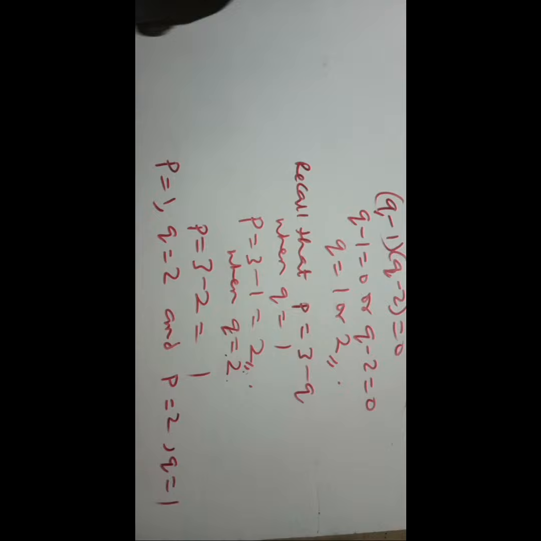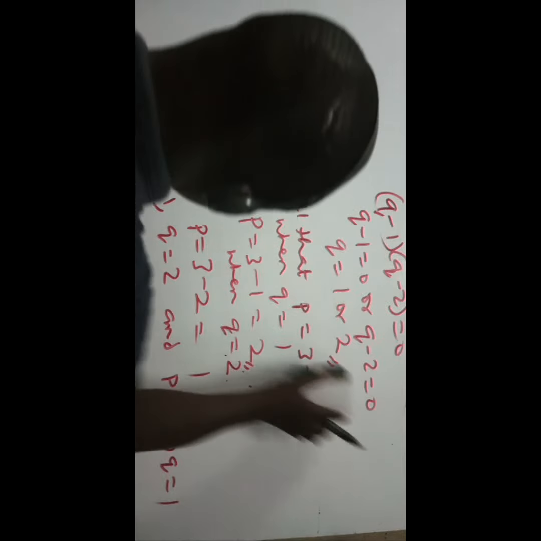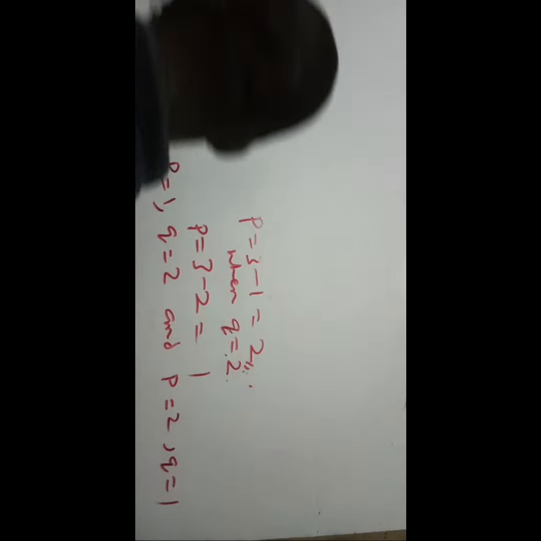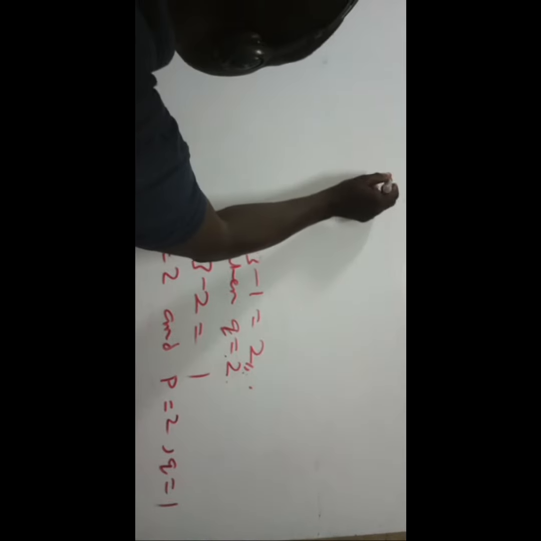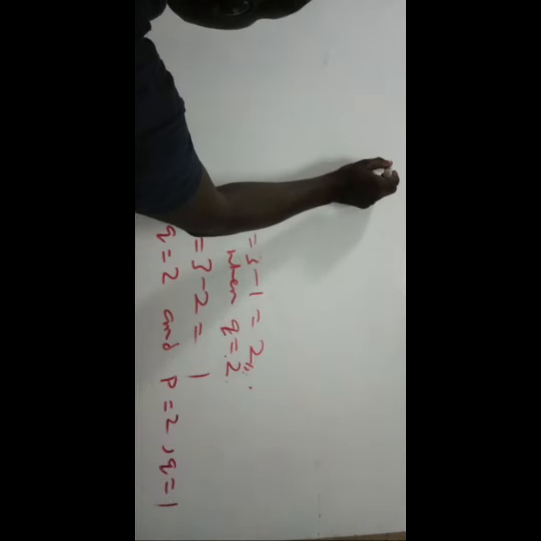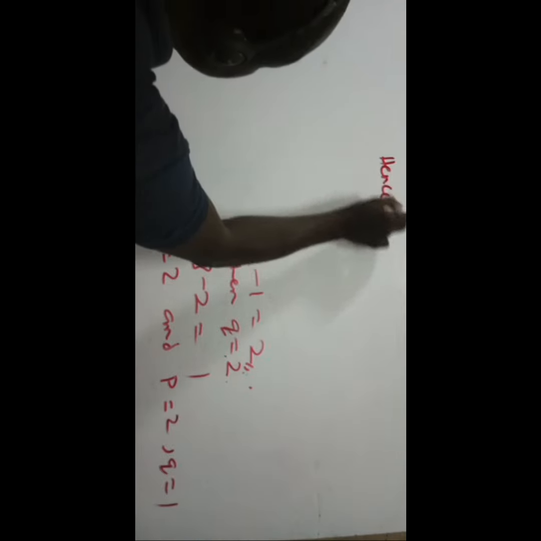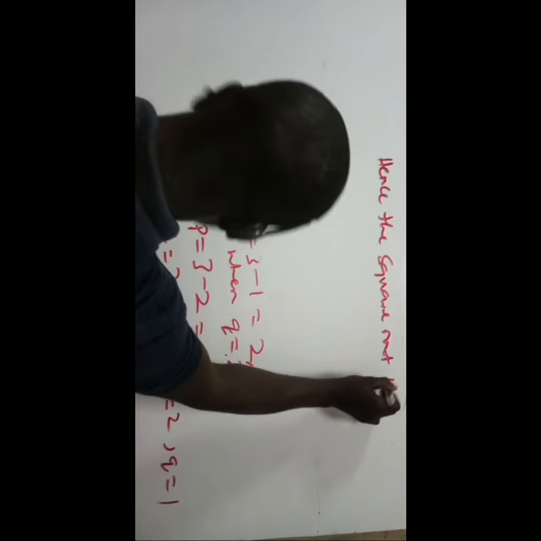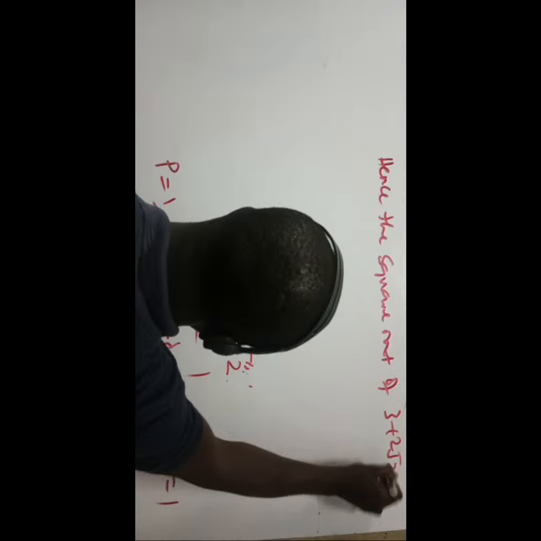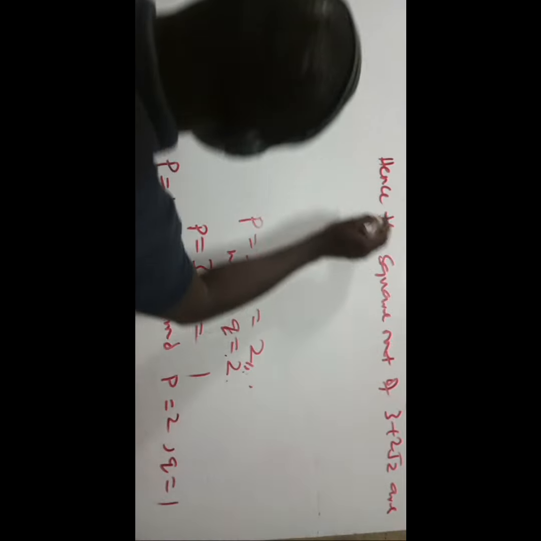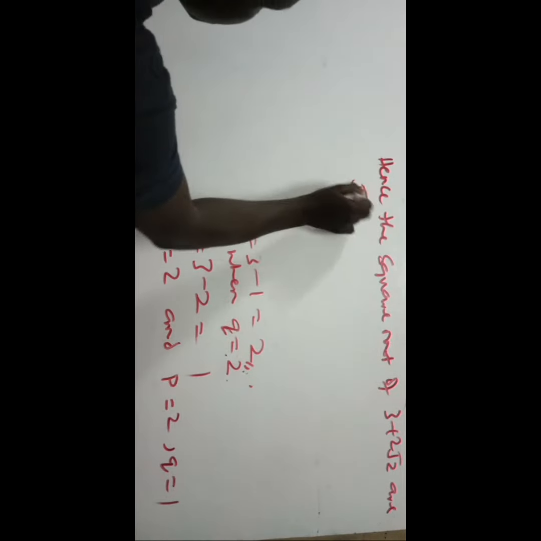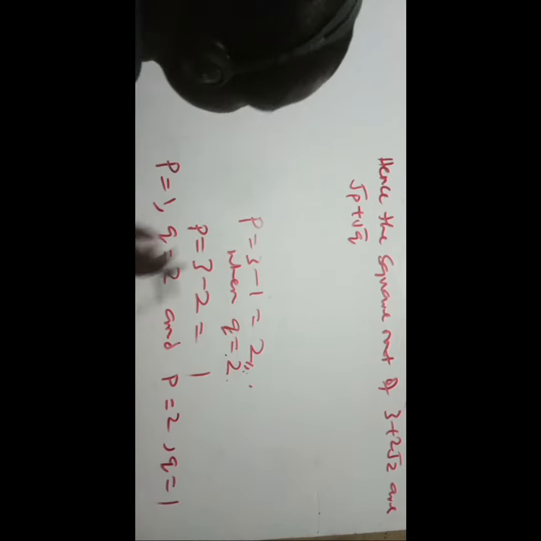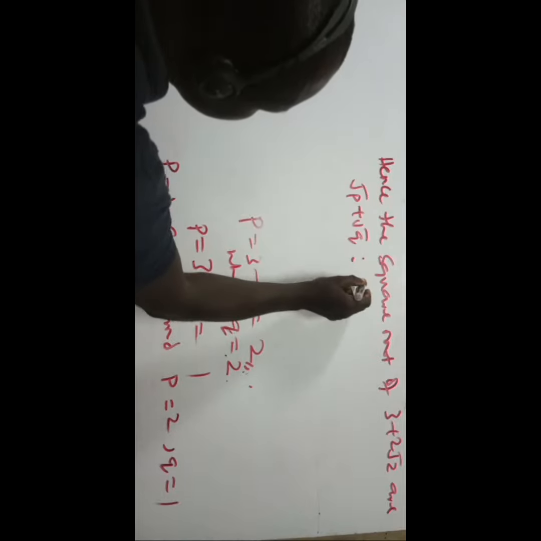So we can now go ahead, from there, to substitute the values into our initial assumption. Hence the square root of 3 plus 2 root 2, we assumed it to be square root of p plus square root of q. So when p is equal to 1, q is equal to 2, this is what we have.